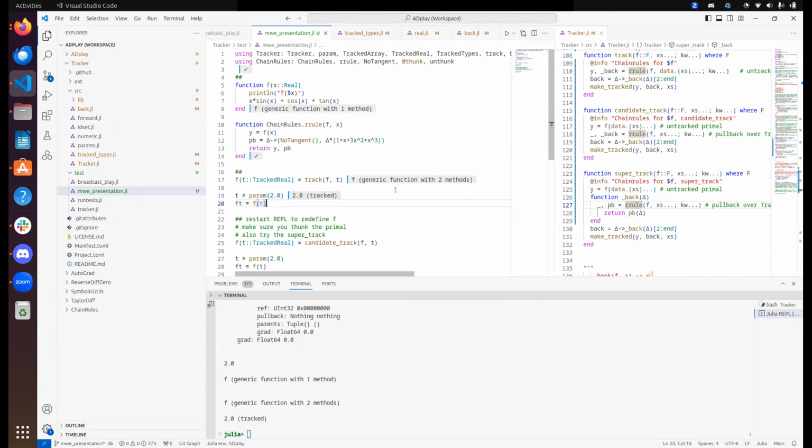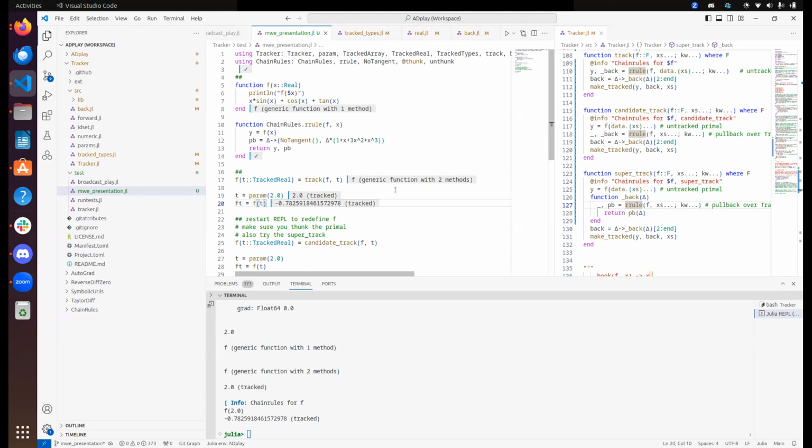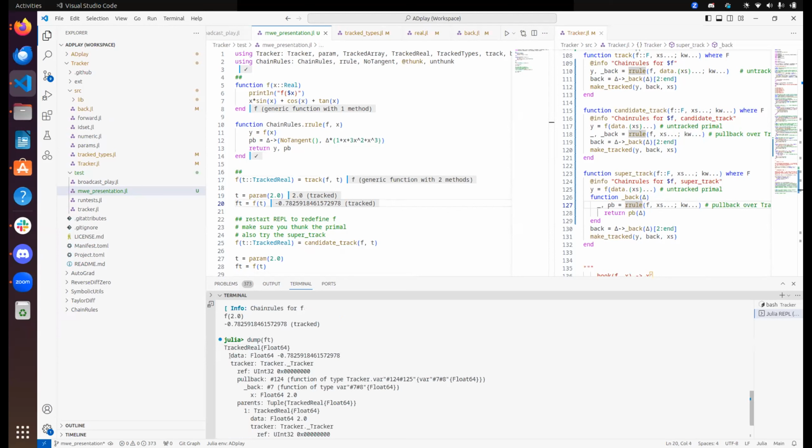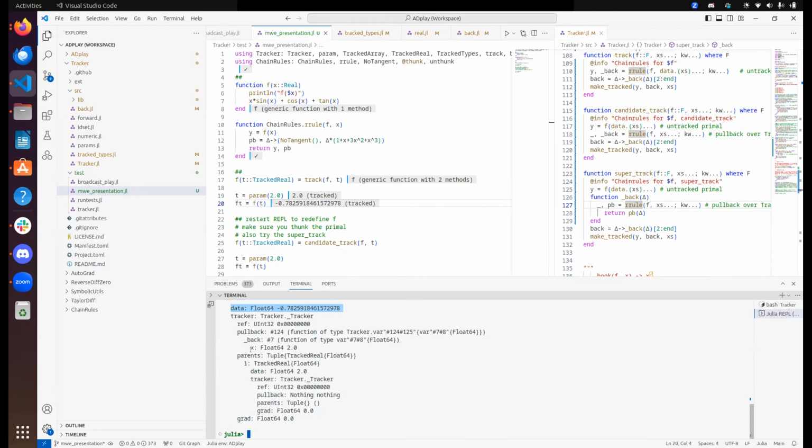And now we call the function over this tracked real number. And we get this new node. So we had a node called T, a TrackedReal, and now we have another TrackedReal. So basically we have a graph. We can dump this FT and we can see the graph. We have the data, the result of calling our function. And you see here we only have 2 nodes in the graph.